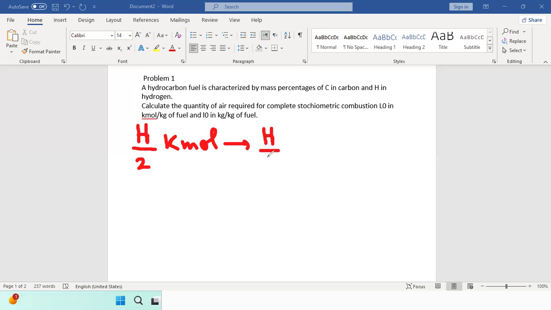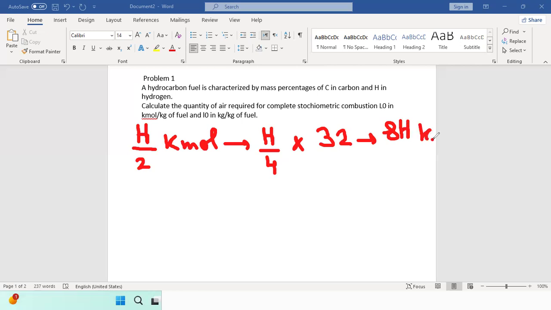So to know the mass of O2 required, we just multiply by the molar mass of O2, which is 32. So we need then 8H kilogram of O2 in order to do the reaction with hydrogen.